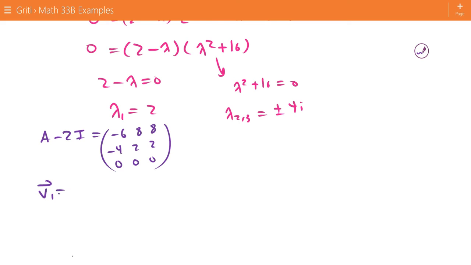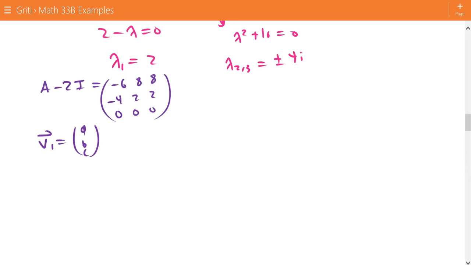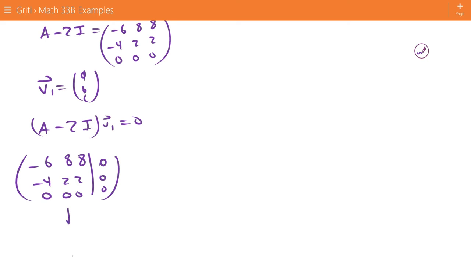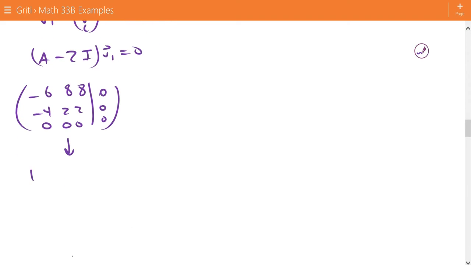If we're looking for a v1 that equals a, b, c, this is just a matter of satisfying this equation. Once you get this into an augmented matrix form and row reduce it, you get 1, 0, 0, 0, 1, 1, and 0, 0, 0.